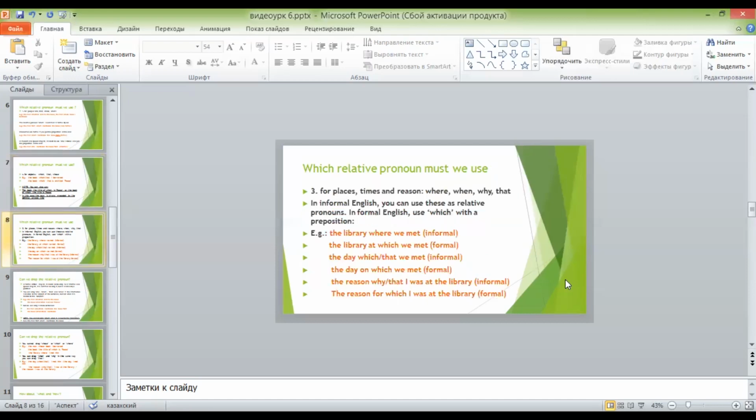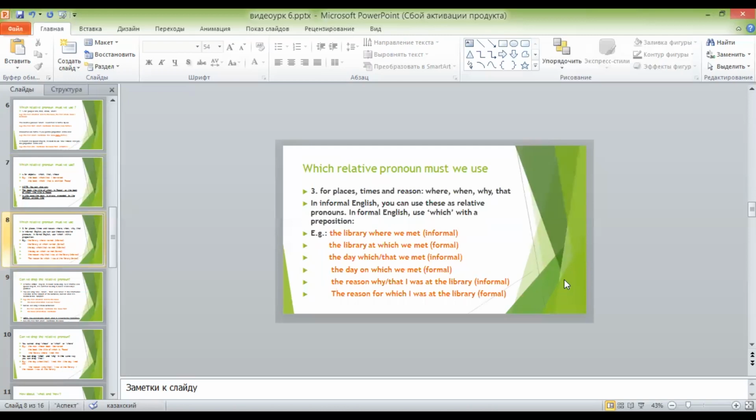Next, we must use relative pronouns for places, times, and reasons: where, when, why, that. In informal English, you can use these as relative pronouns. In formal English, use which with a preposition.